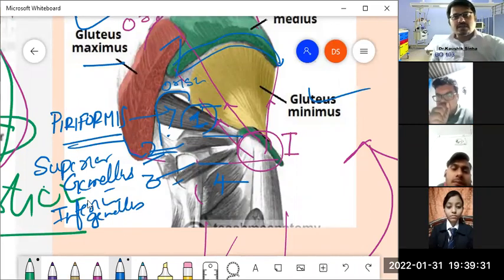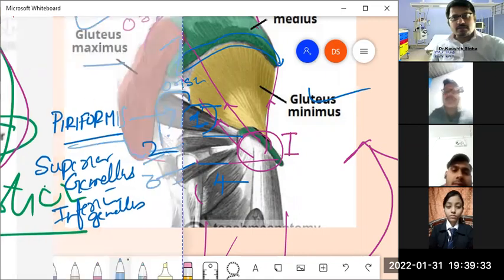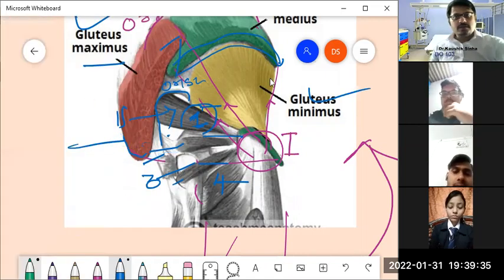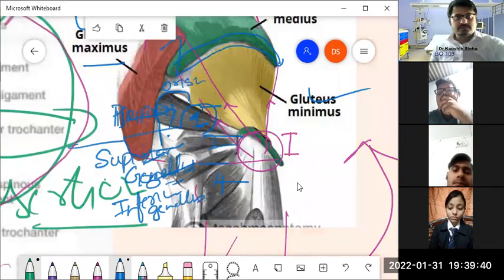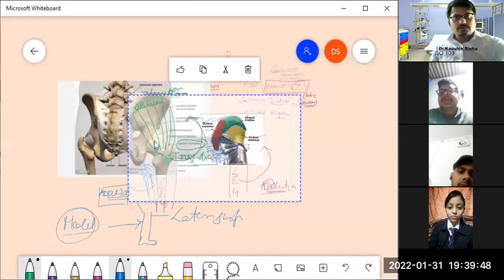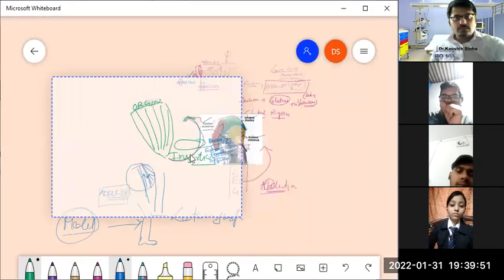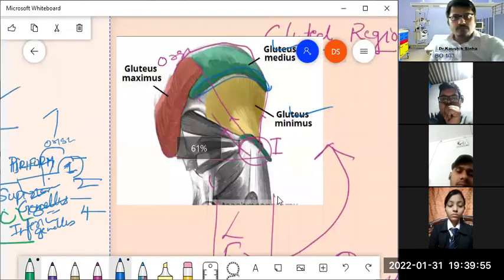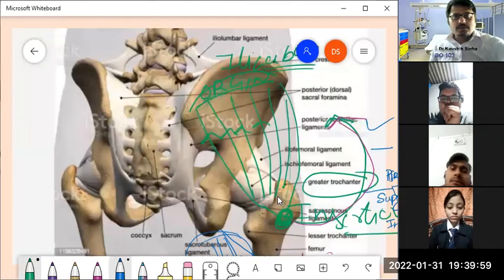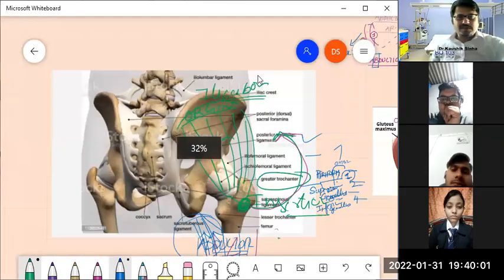Gemelli is the term. What is the term? Let me write that term as well. The term gemelli is the plural of the term gemellus. The board is disturbing a bit, to be very honest.